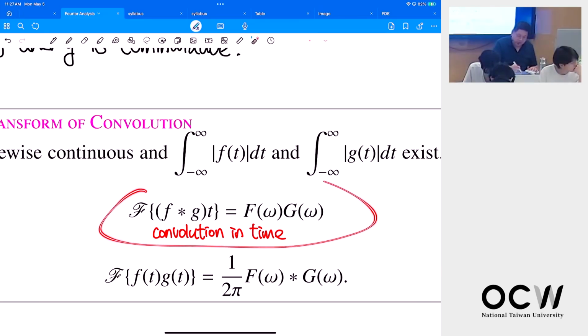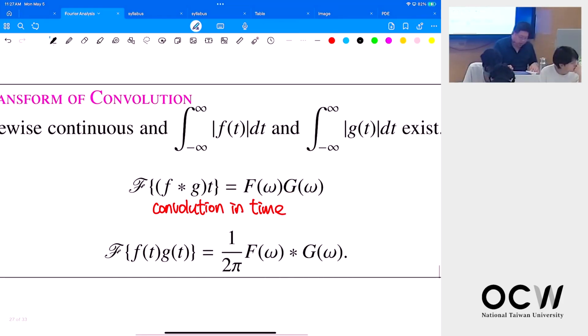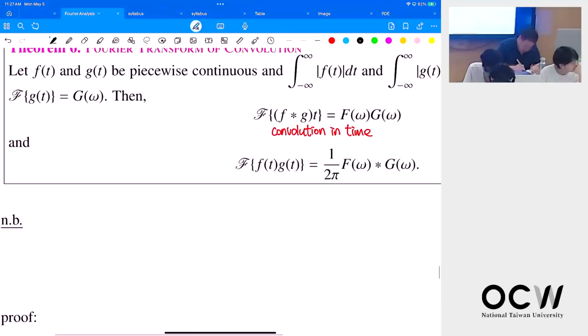According to this convolution theorem, if I take the inverse Fourier transform of the product of the two Fourier transforms of f and g, then in the time domain I get f convolve g, a convolution.